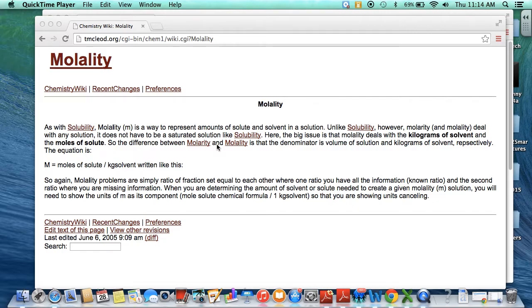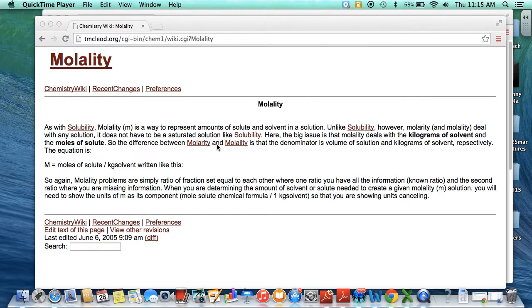So the small m bar is equal to the moles of solute, so you're going to have to change the mass into moles. The actual calculation is small m bar equals moles of solute over kilograms of solvent.